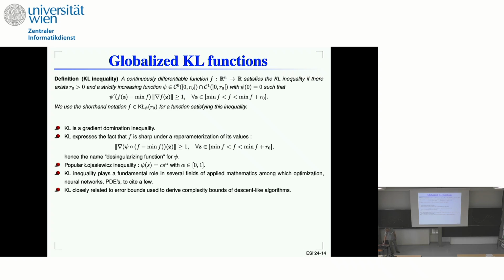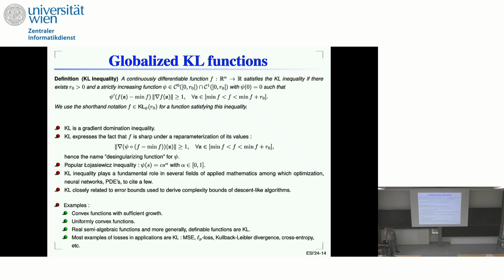In fact, the one which is very popular is the Lojasiewicz one. Kurdyka is more complicated, but more general, let's say. It is also very closely related to error bounds, to derive complexity bounds for descent algorithms. I'm giving here some examples like convex functions with sufficient growth, uniformly convex functions, real analytic convex functions. They verify all these inequalities.